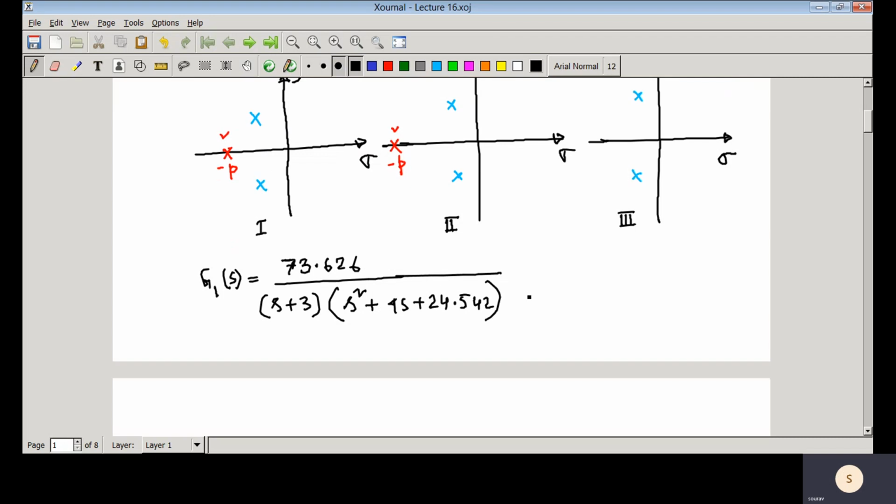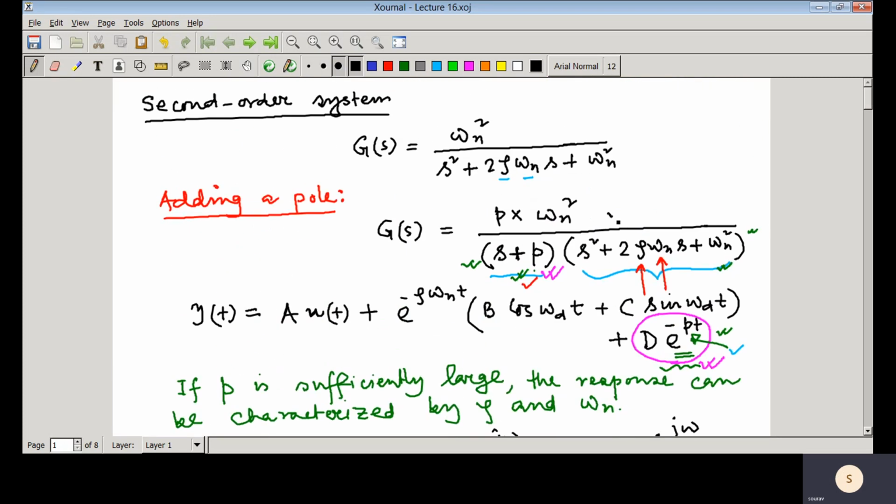So suppose this is the transfer function, and you can see that whenever we introduce that pole, to make it normalized we multiply, that is 24.543 into 3, as we have discussed here to make this normalized.